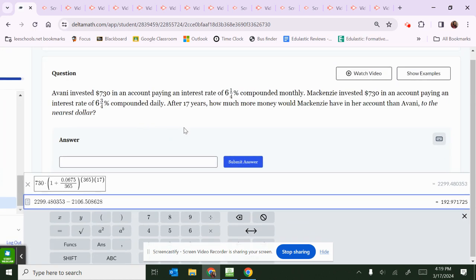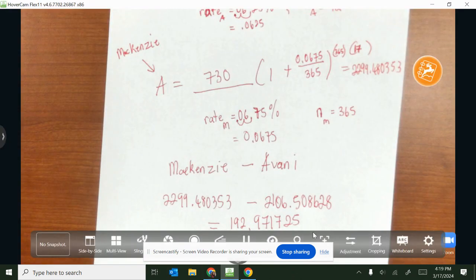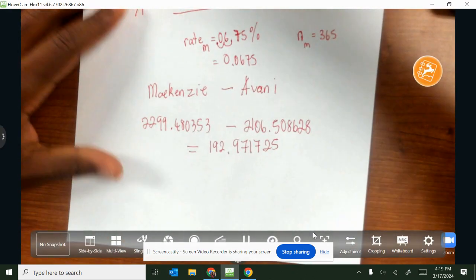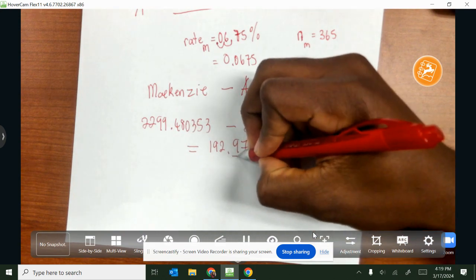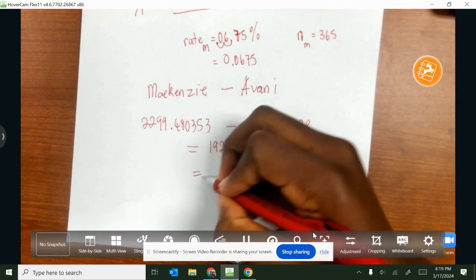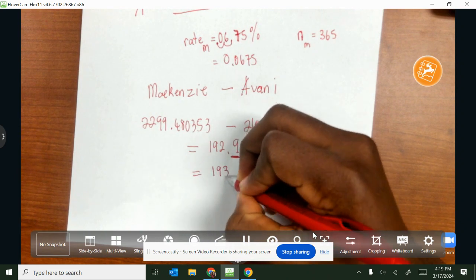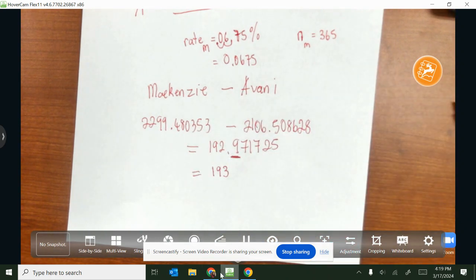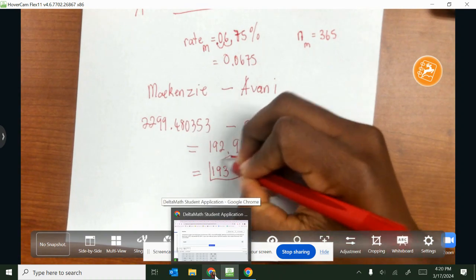Dollar. So nearest dollar would be nearest whole number. Nearest whole number means I look at the first number after the decimal point. Because it is 5 or larger, this will round up to 193. All right. So the answer for this one would be 193.